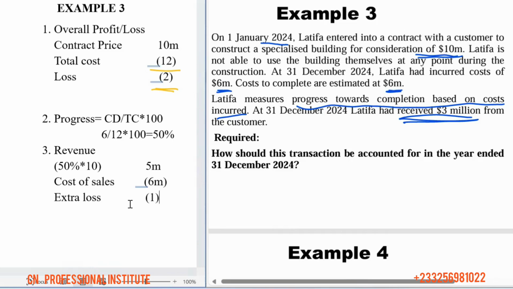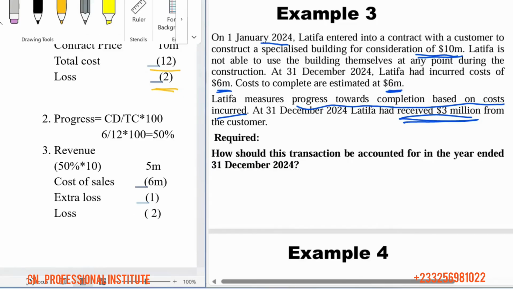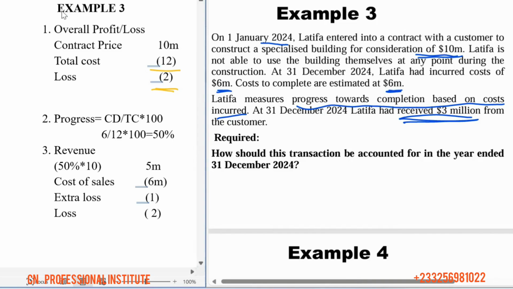Now that we are done recording the extra 1 million, our total loss will now be 2 million. So we have recorded all the 2 million loss in year one. Are you following? So that's how we go about this.